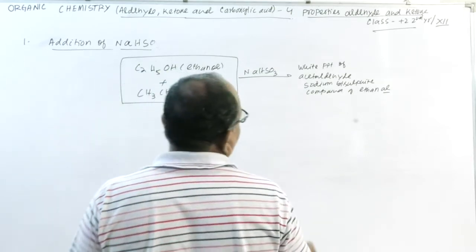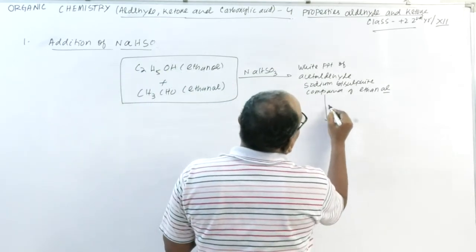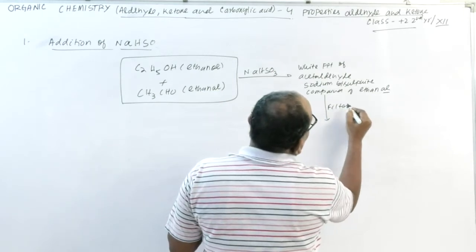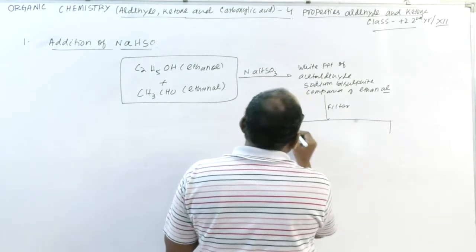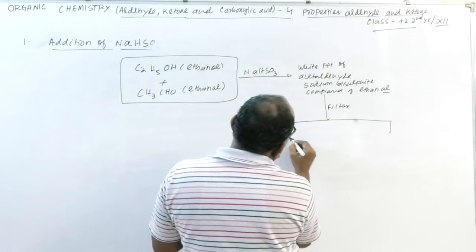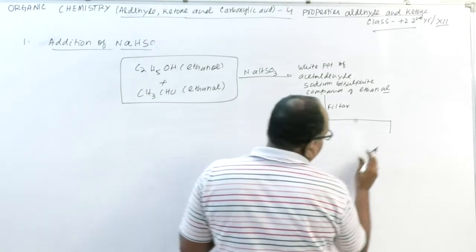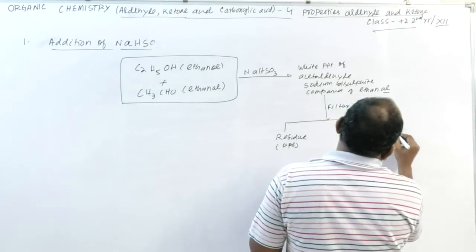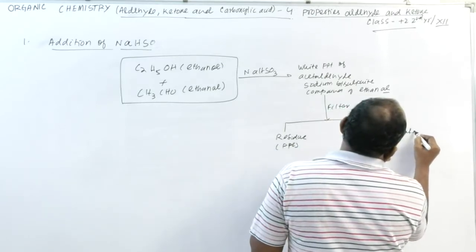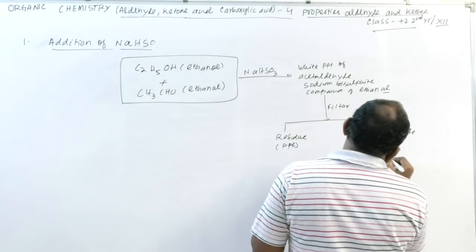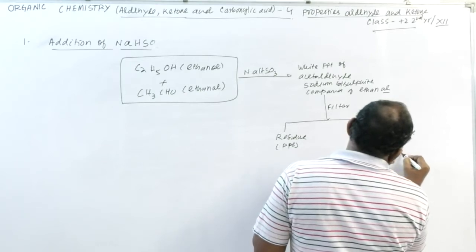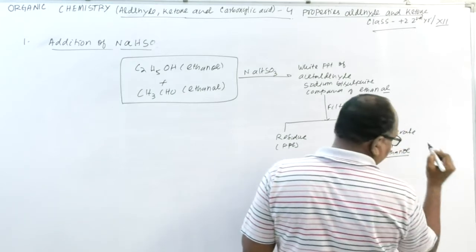Then you filter it. If you filter, it gives you a residue of the precipitate, and this is your filtrate, and this filtrate is your ethanol.